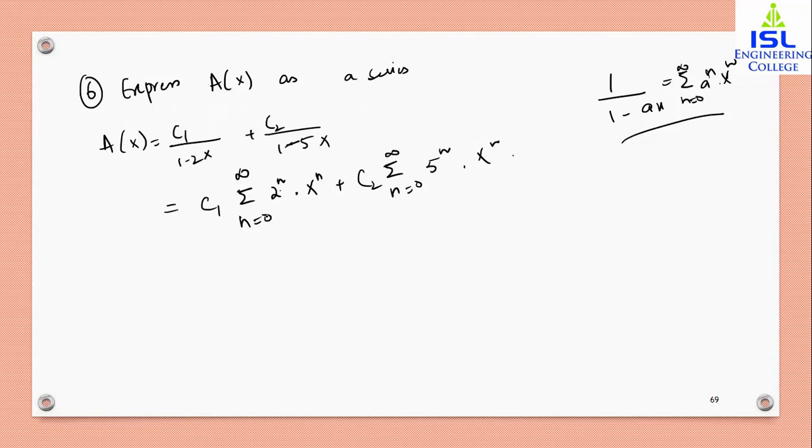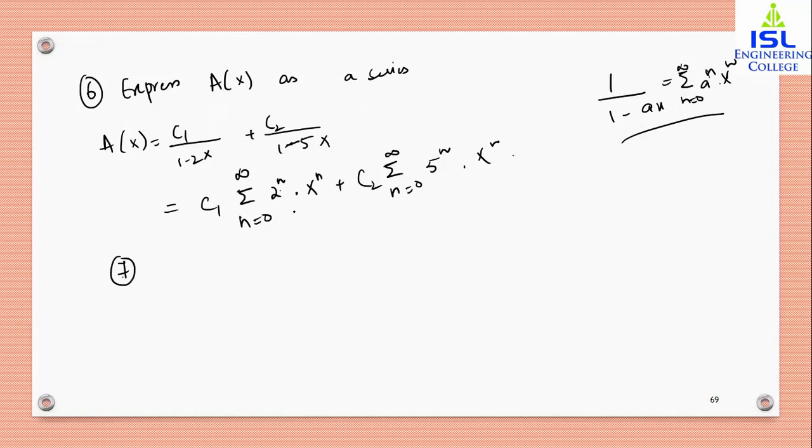Now we know that this is the term we had multiplied with. So this sigma n equals 0 to infinity x power n, we took the summation and multiplied with x power n. So we can ignore it.